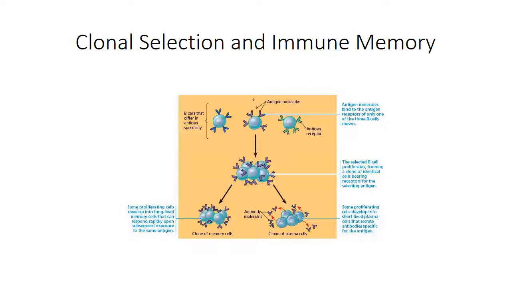The different specificities are shown in the upper level of this picture, and you see 3 lymphocytes. But in reality, do you know how many different specificities of lymphocytes you have in your organism? I'll surprise you. A trillion.